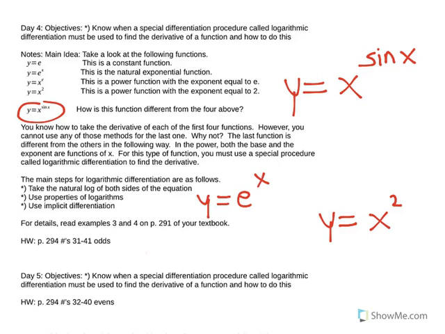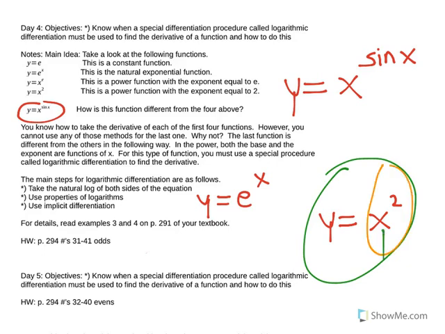We said earlier that the 4th function is a power function. In the power, it is the base, that is, in this case x, or generally a function of x, and the exponent is a constant. And in the 2nd function, we have an exponential function. In the power, the base is a constant, and the exponent is either x or a function of x.